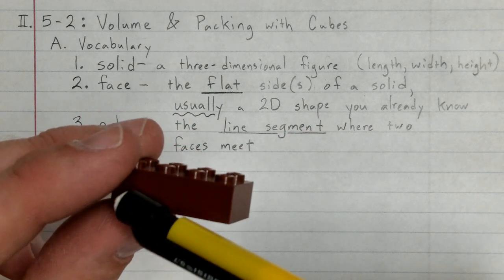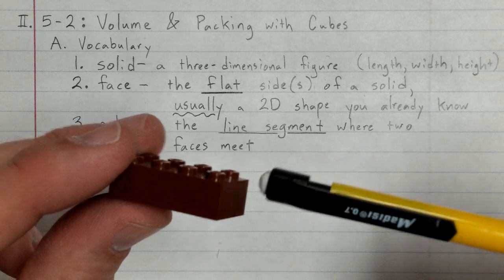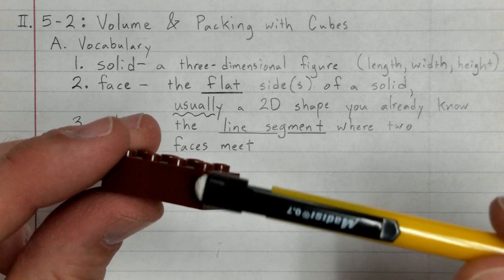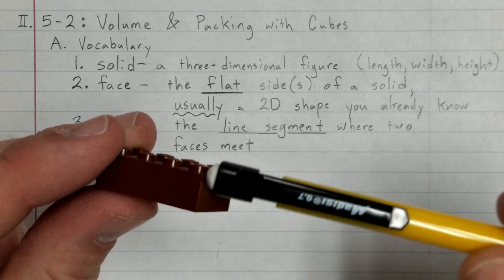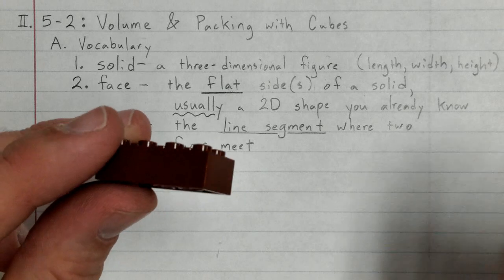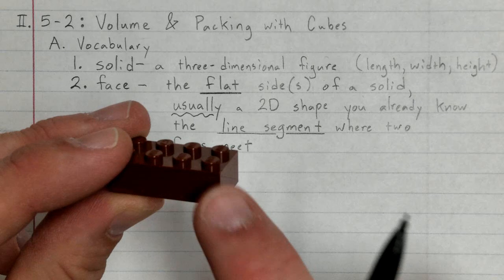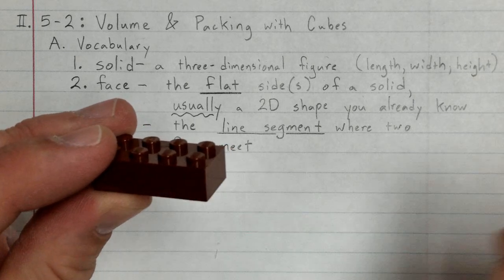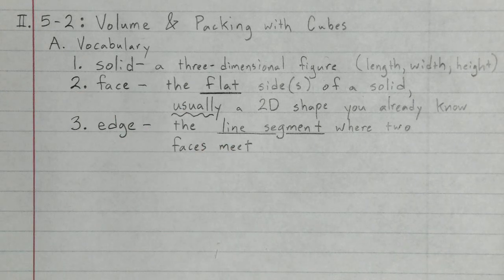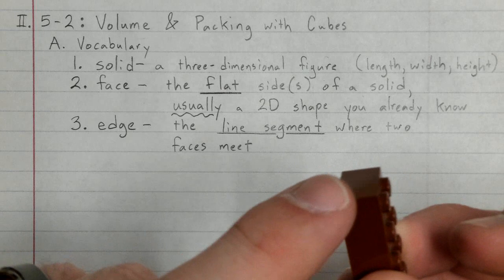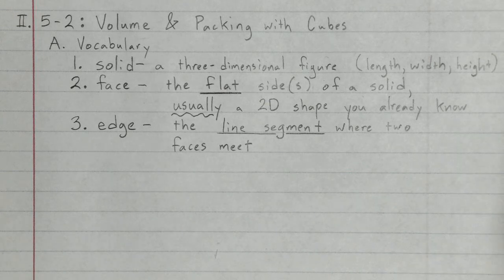Now where the faces meet, right here, and then this face right here, can you see that line segment? That's the edge. That's the part that if you run your finger on it, it feels a little sharp almost. Now, you saw me poking at a part that's even sharper.